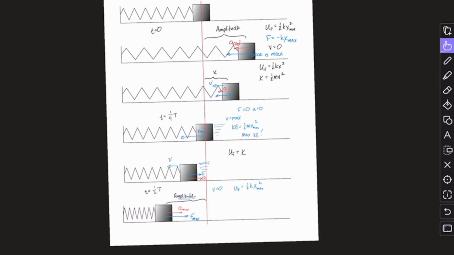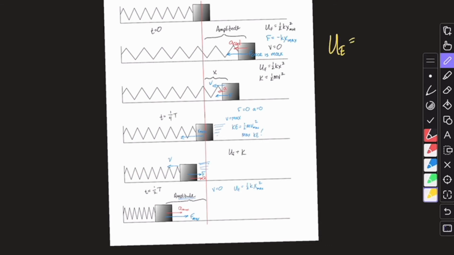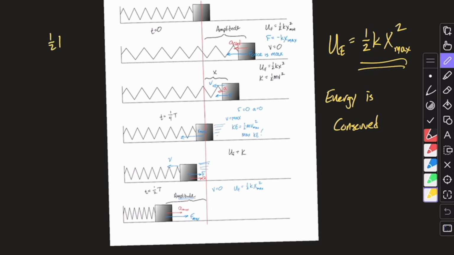But remember, this is an oscillator. If there's nothing taking energy away from the system, then the total energy of the system is whatever you gave it at the beginning. You establish how much energy it's going to have, and energy is conserved. So at the top it's 1/2 k x max squared.